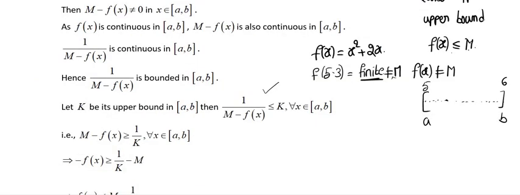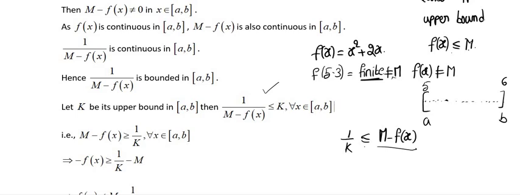Now interchange from this inequality, we get 1 by k less than or equal to M minus f of x. I am interchanging k and M minus f of x, and rearranging this inequality, that means I am writing this as the left-hand side greater than or equal to 1 by k for all x belonging to the closed interval [a, b].